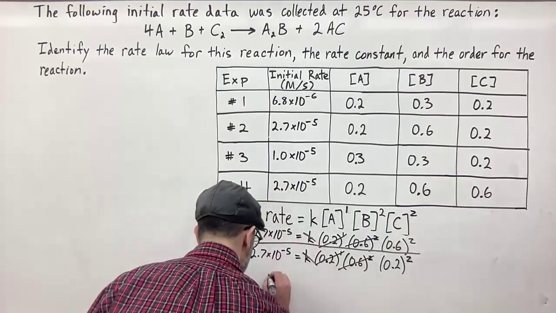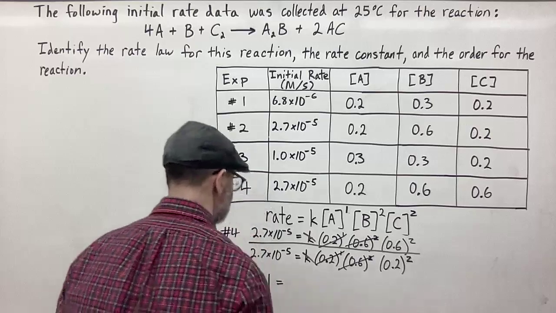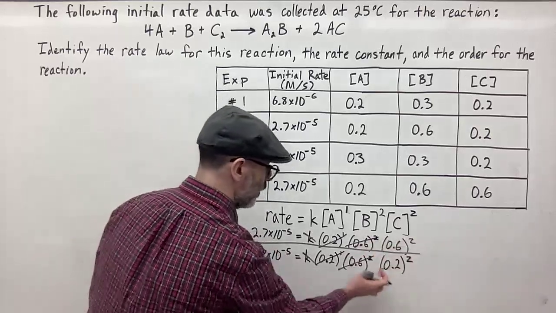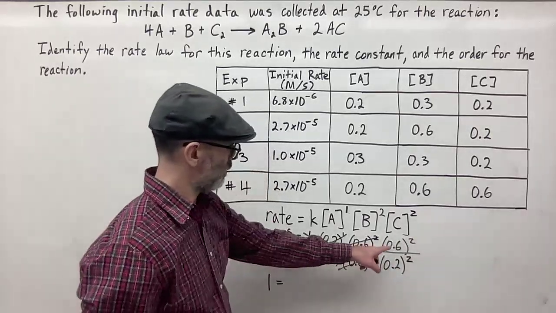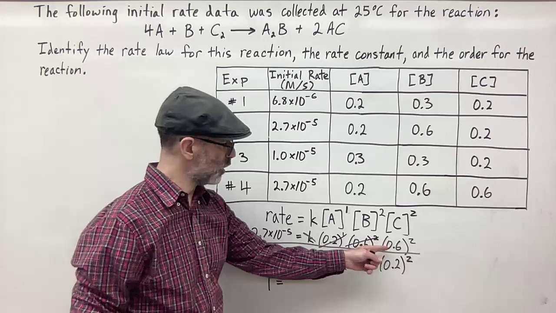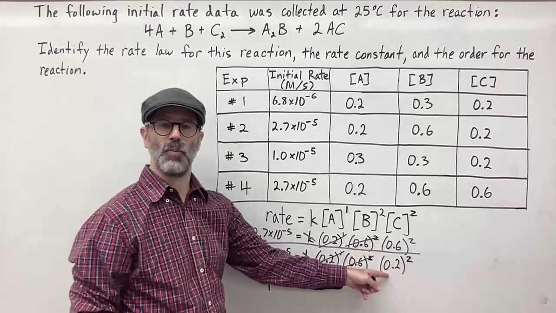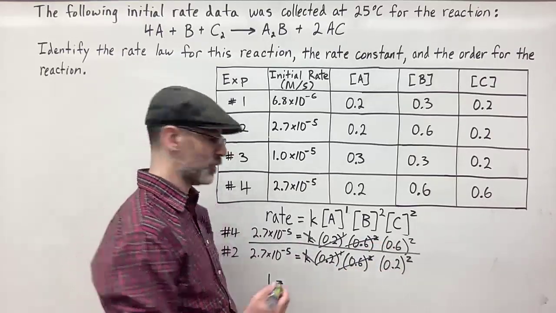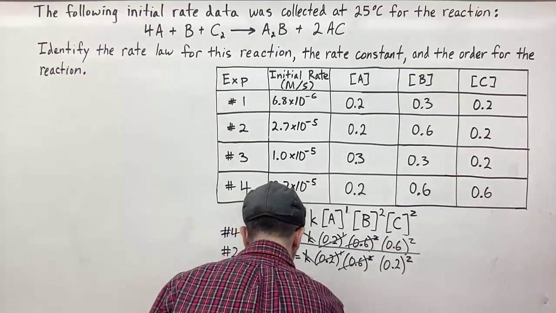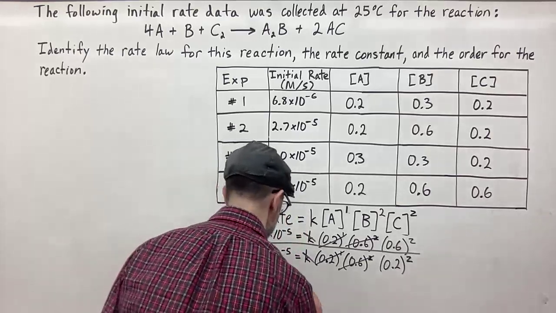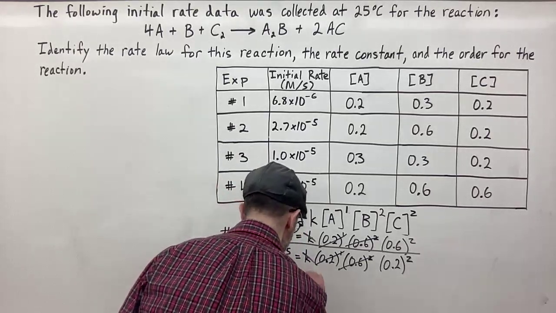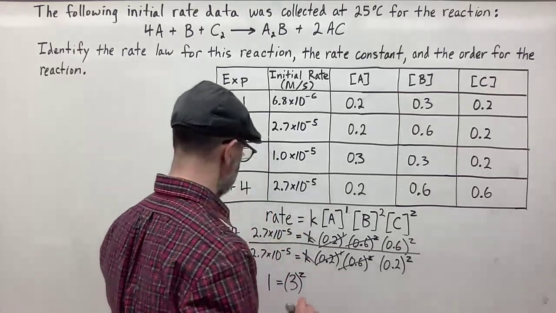So that means that we have 1 is equal to this here. If I divide 0.6 by 0.2, I get a factor of 3. So 1 is going to be equal to 3 to the Z power.